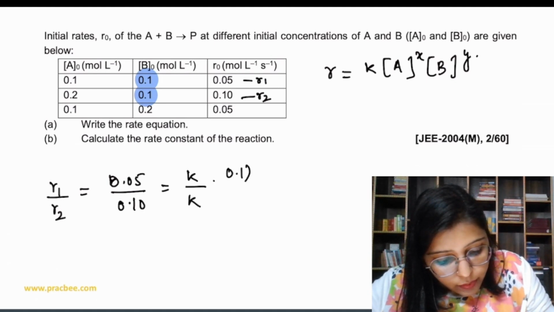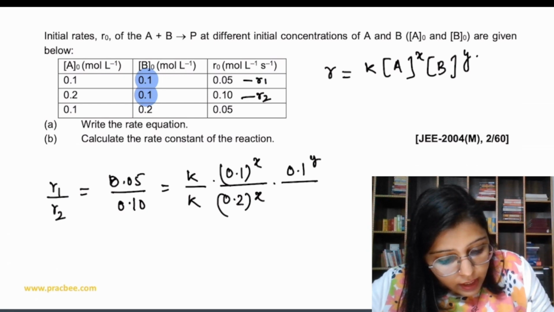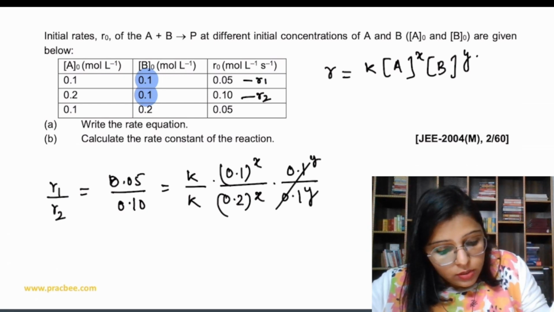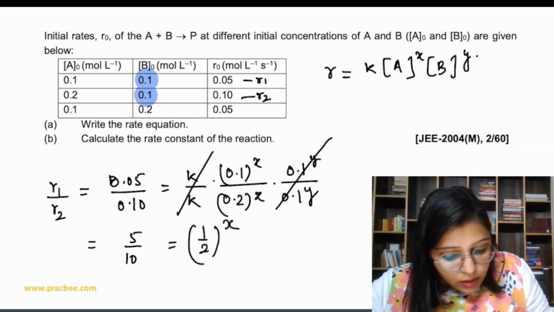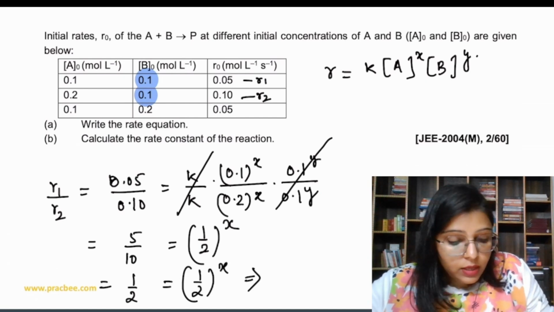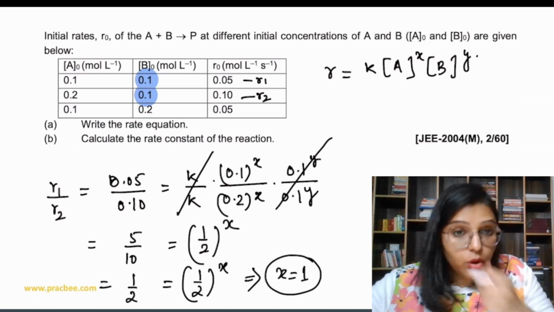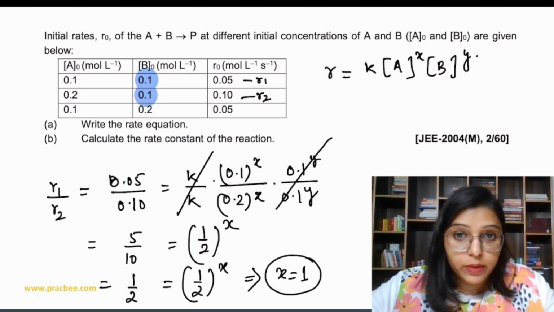Concentration of A is 0.1 to the power x, this is 0.2 to the power x, this is 0.1 to the power y and 0.1 to the power y. So cancel, cancel. So here we get 5 by 10 and here we get 1 by 2 to the power x. So we can say 1 by 2 is equal to 1 by 2 to the power x. From this x is equal to 1. So the order with respect to A is equal to 1.